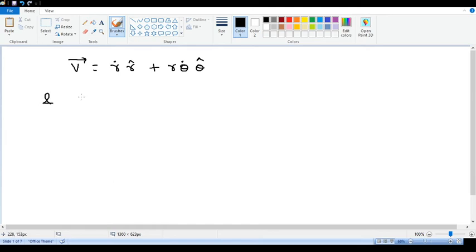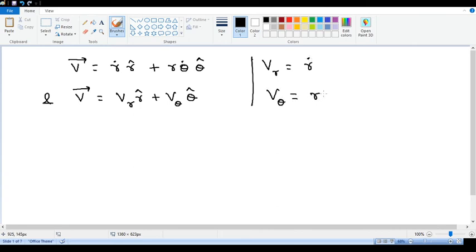If we compare this obtained equation with the representation of velocity in polar coordinates, that is vr r hat plus v theta theta hat, then we can easily say that the radial component of velocity for curved motion of the particle, vr, will be r dot, and the magnitude of the transverse or cross radial component of velocity will be r theta dot.